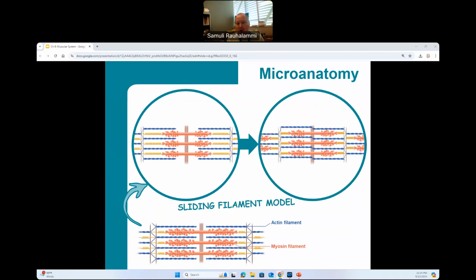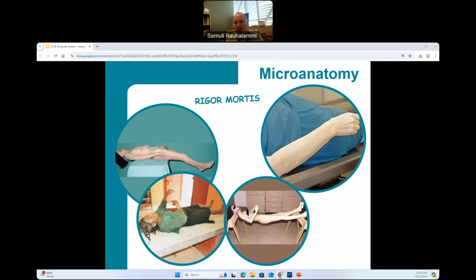But I am going to give a warning at this point if anyone feels really uncomfortable. I have a couple of pictures of people who have passed away here. We won't dwell on those for a long time. But one of the concepts that we're going to see is that calcium ends up locking those actin and myosin filaments together after death, when the rigor mortis stage sets in. And this causes the muscles to stiffen very hard, in fact so hard that the body can carry its own weight.